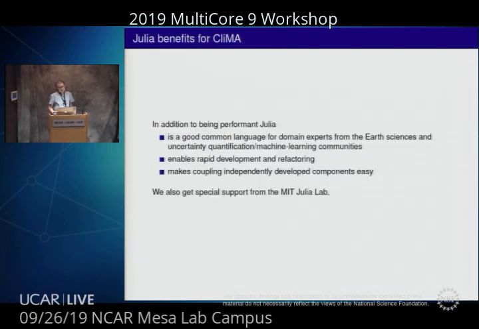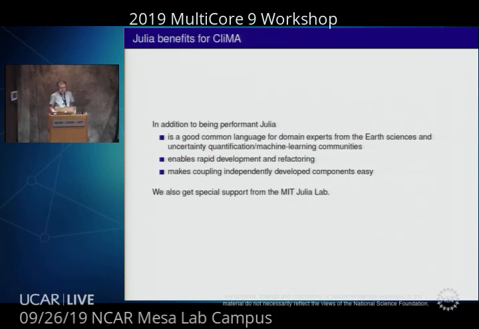So in addition to performance, for our project, we think Julia is a good fit because it seems like a good common language for experts in machine learning, who typically know Python, and people in earth science who may know Fortran, or if they know some high-level language, sometimes it's MATLAB, and so on.